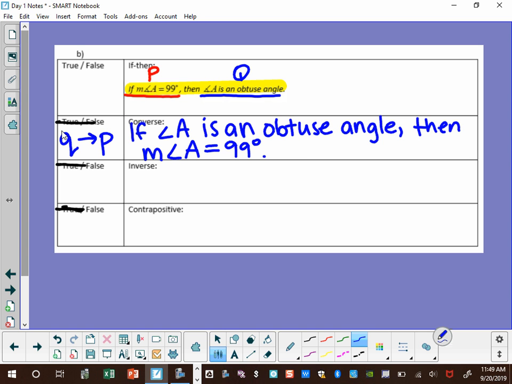Oh, is that what the M stands for? Yes, the M is measure.